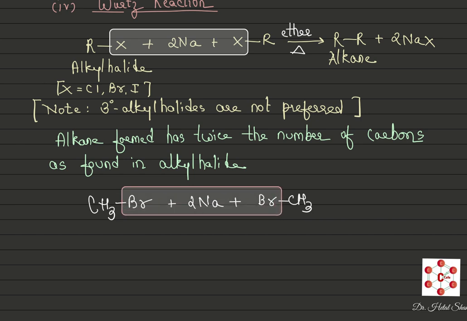Then what do we get? We get CH3-CH3 plus 2 NaBr. We started with methyl bromide and we end up getting ethane. Did you understand this?